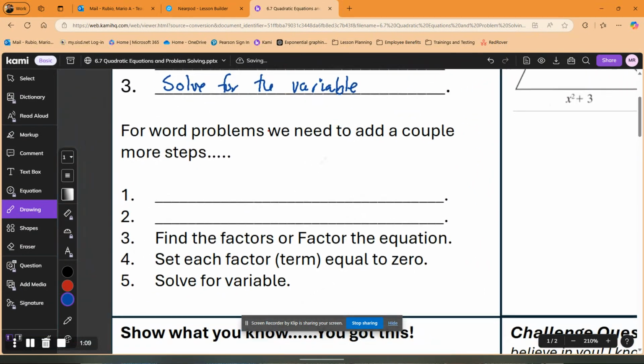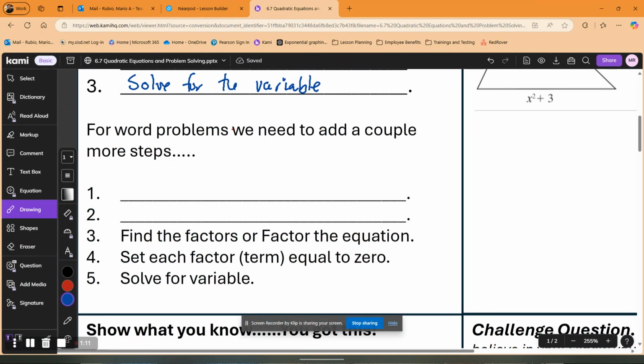Now, the only difference is for word problems, we need to add a couple more steps. Steps 3, 4, 5 are the same as 1, 2, 3 of quadratic equations, but we need to add a couple more things. The first thing is we need to read through the word problem.